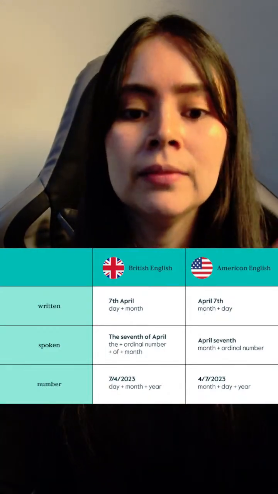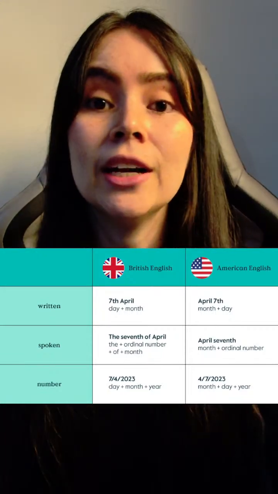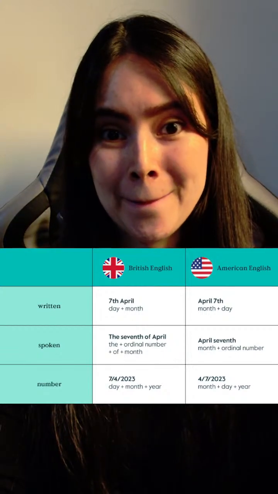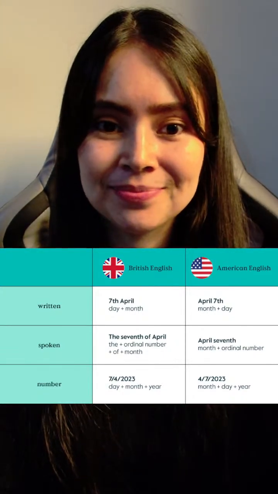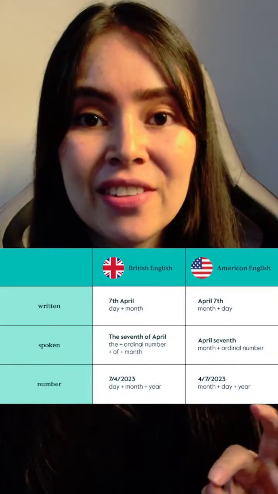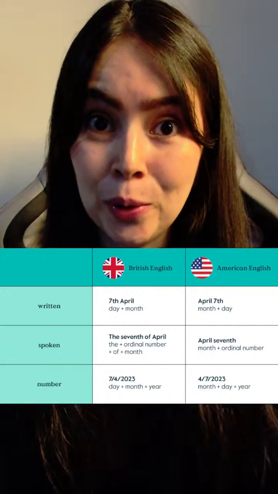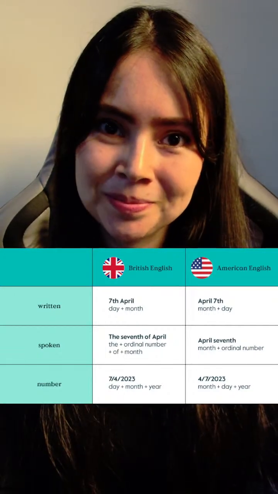So here we say the ordinal number, later of, and we mention the month. Easy. It is very easy. So let's practice. The 7th of October, sorry, of April. The 7th of April.